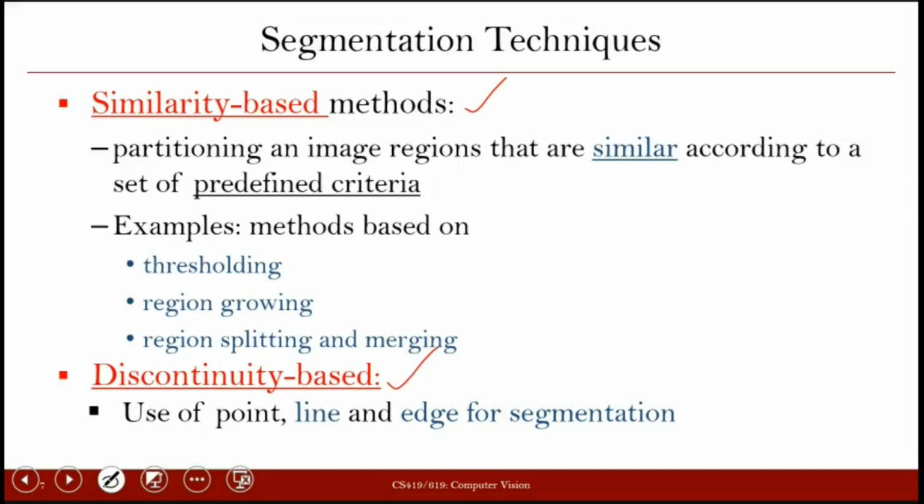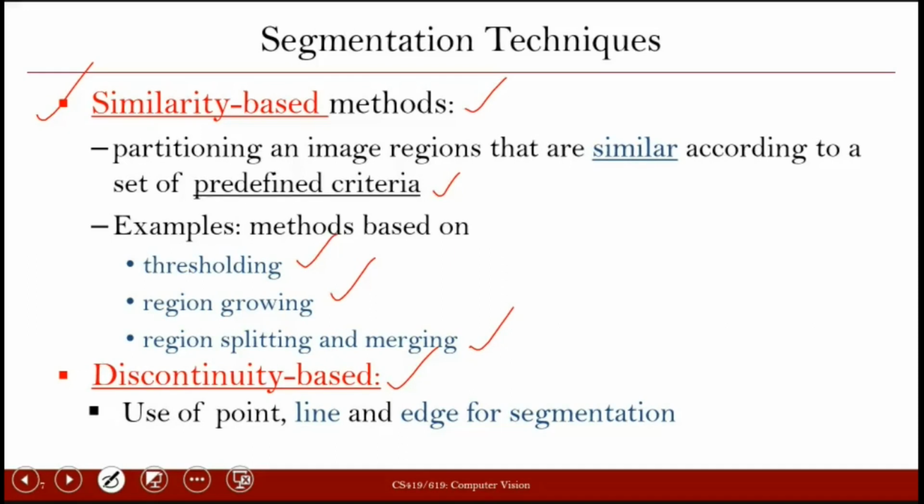In the similarity-based technique, we partition an image into regions that are similar according to a predefined criteria. We have already defined a similarity criteria, and based on that, we group the pixels and partition the image regions. Common examples of similarity-based methods are the thresholding-based technique, region growing technique, and region split and merge technique. These are the techniques which follow the similarity-based criteria.